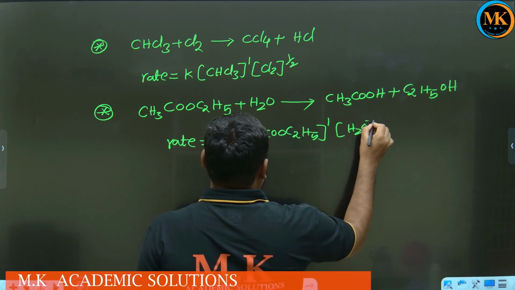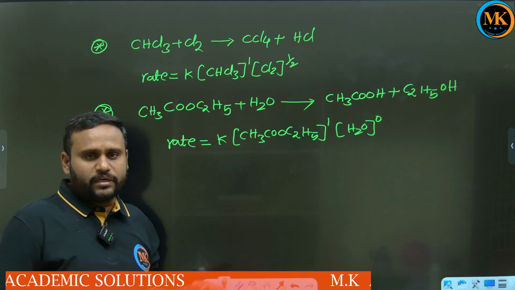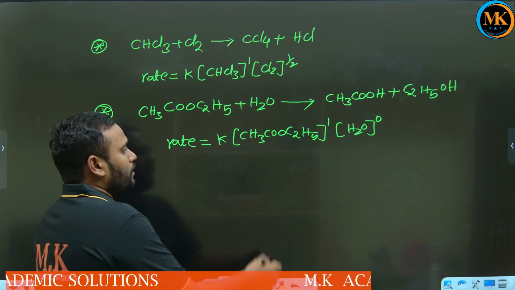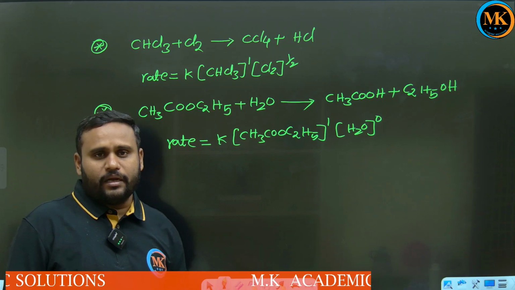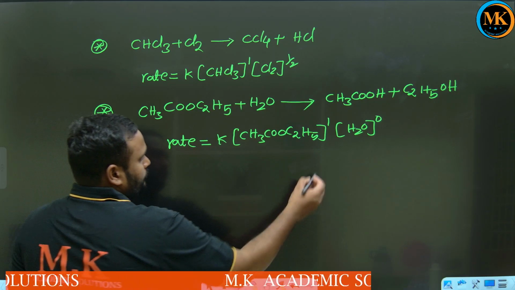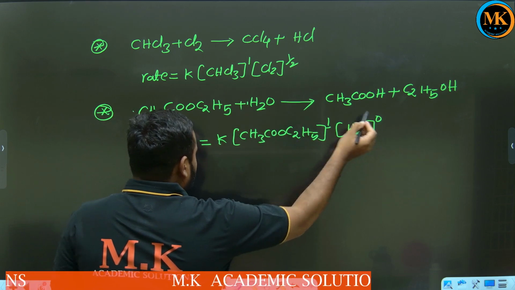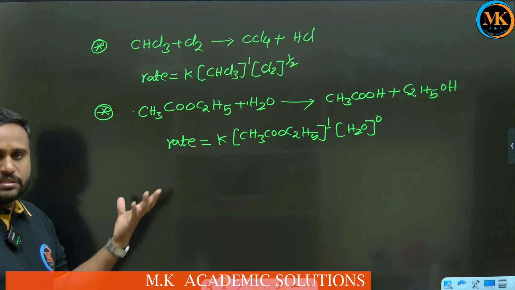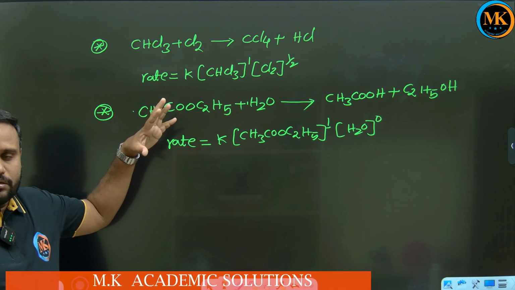H2O power 0 means the concentration of H2O will not affect the rate of reaction, and only the concentration of ethyl acetate is going to affect the rate of reaction. Here the stoichiometric coefficient is 1, but here we are going to take 0. Okay, so this is the rate law for these reactions.